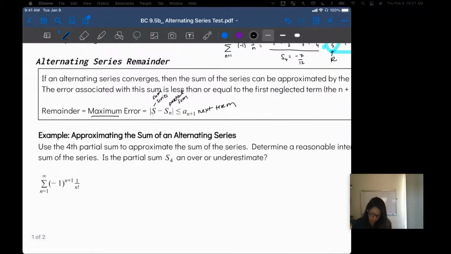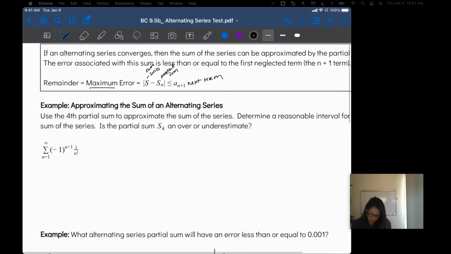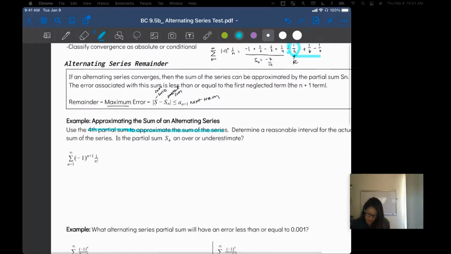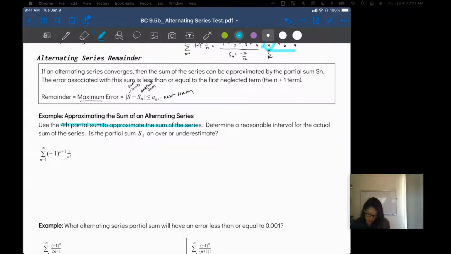All right, so here we go. We're going to get the fourth partial sum to approximate the value of the series, and then we will determine the interval for the actual sum, and then we're going to say if the partial sum is an overestimate or an underestimate.